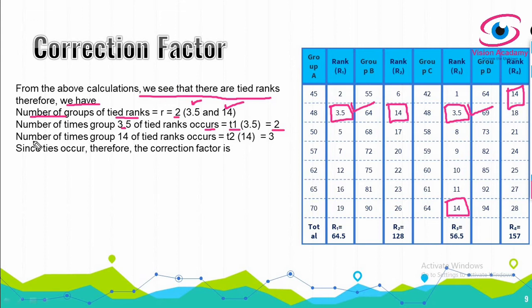One more group is the number of times group 14 of tied ranks occurs, that is T2. T2 for 14 is 3, that is 1, 2 and 3. So in the 14 group there are 3 ties, and in the 3.5 group there are 2 ties.